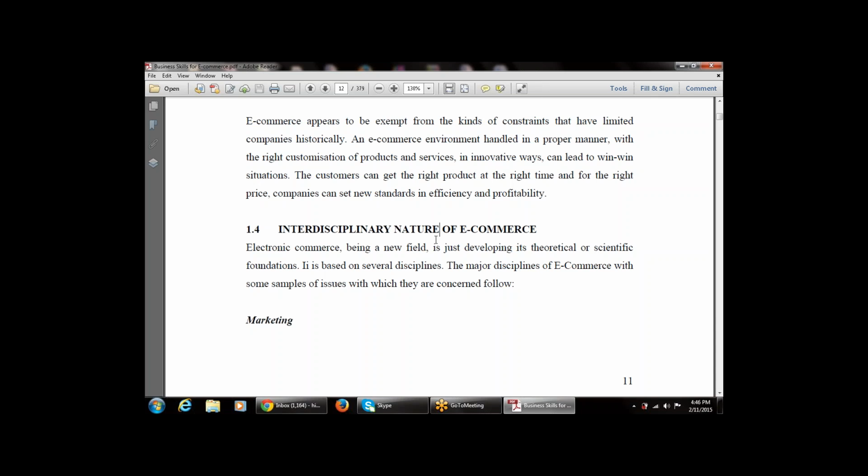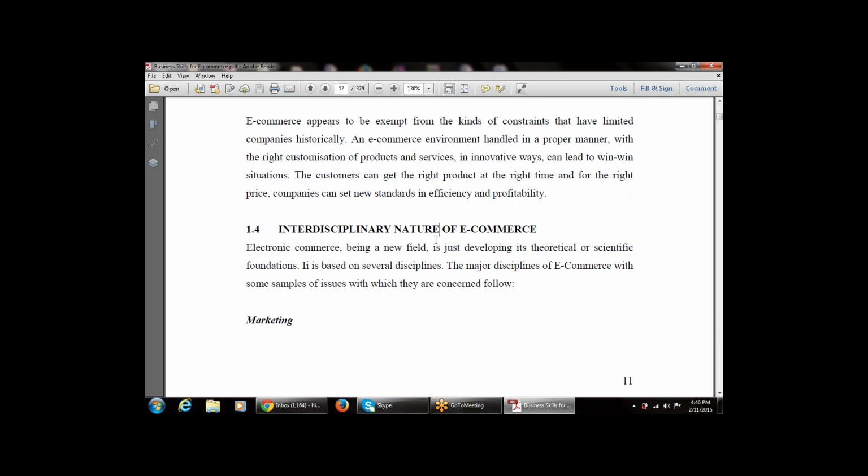Whenever e-commerce is developed, it is provided in theoretical or scientific terms.